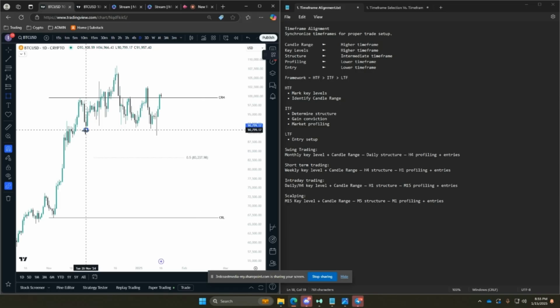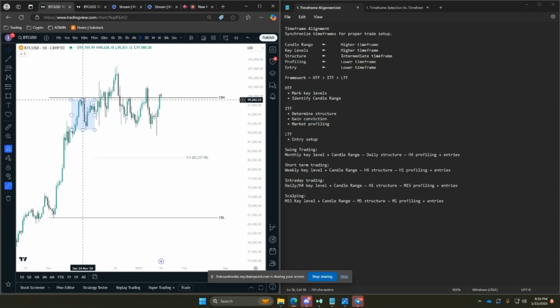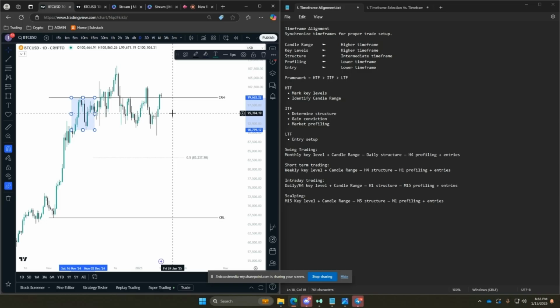So right now, we just want to look at the way price has formed a sort of profile. We see that we are in an uptrend at the moment, or price is bullish because we're breaking highs.